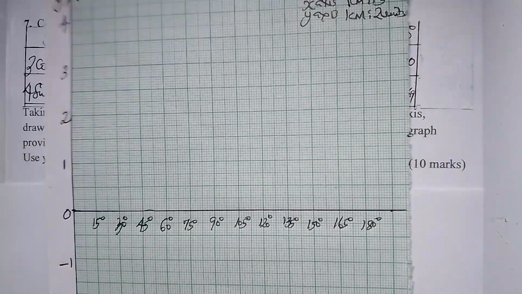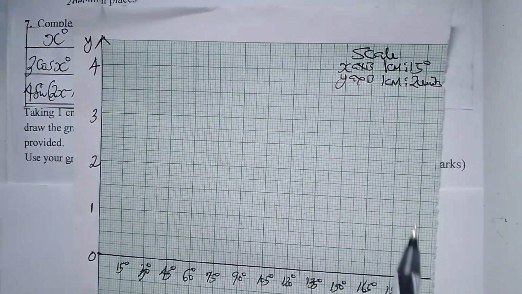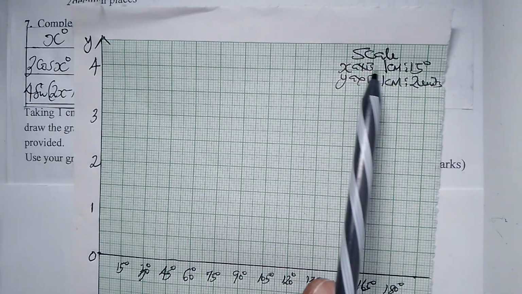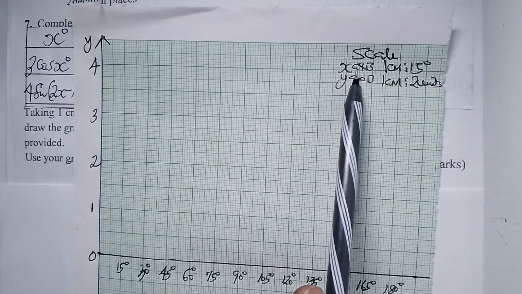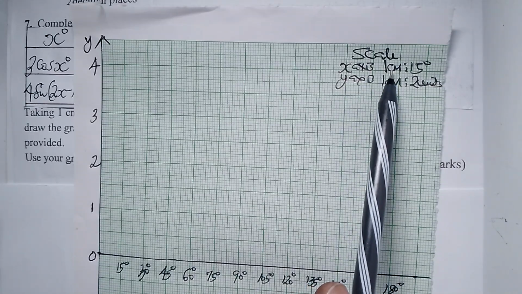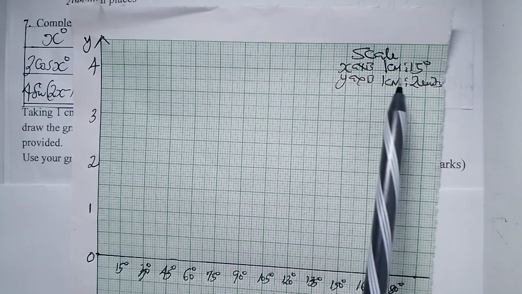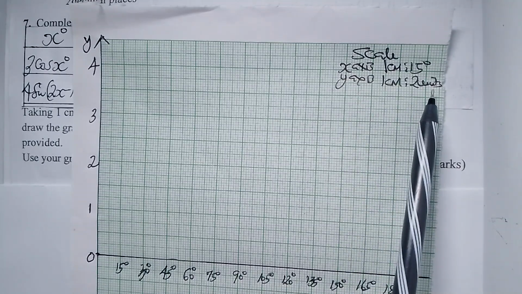So I already have my graph paper. First, remember, very, very important, write the scale in the top right hand corner. We were given on the x-axis 1 centimeter to represent 15 degrees, and on the y-axis 1 centimeter to represent 2 units.